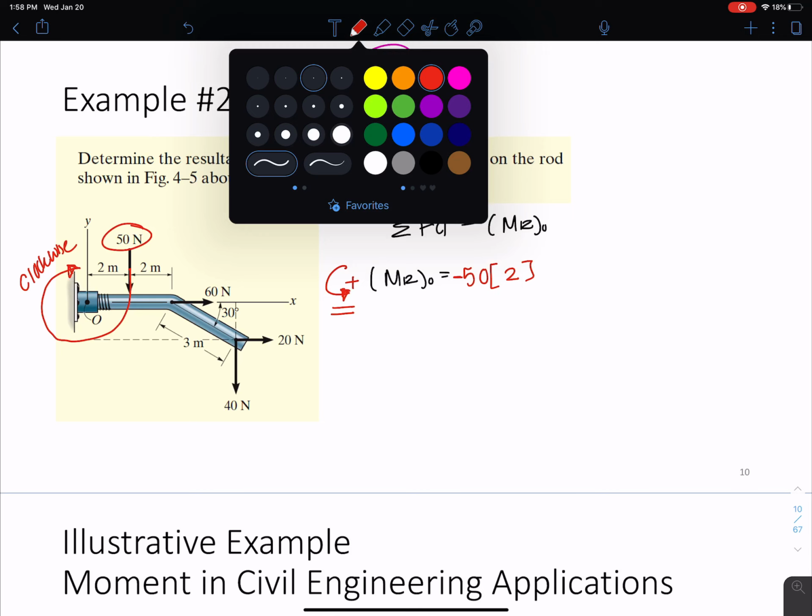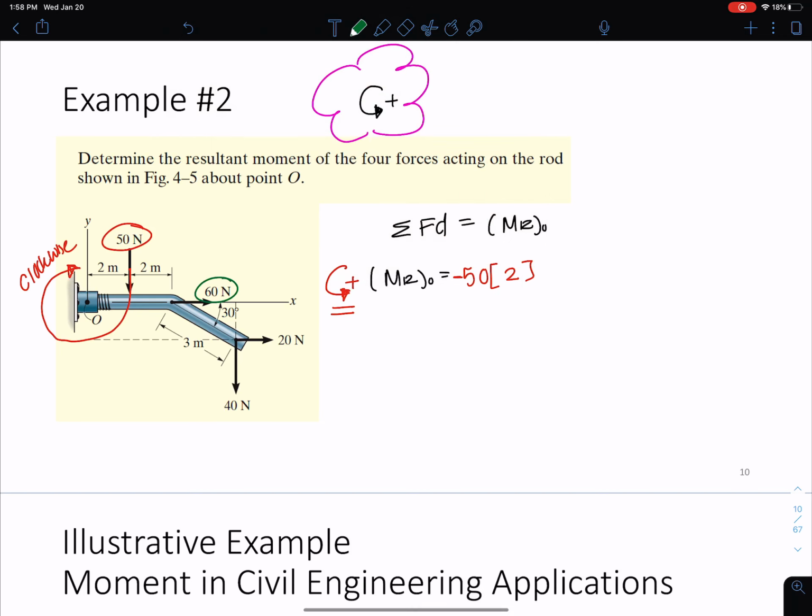The 60 I'm going to do in green. So that I now have 60 times its moment arm. Is a 60 positive or negative? Well, the line of action of the 60 force goes through point O. So there's nothing there. It's plus a 0 or minus a 0. It doesn't matter, right? There's no moment arm. So I don't have to consider that one.